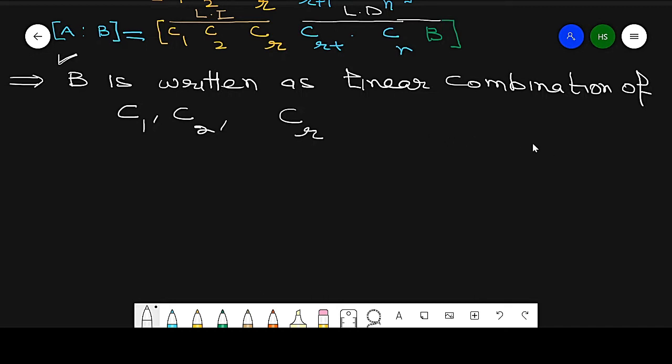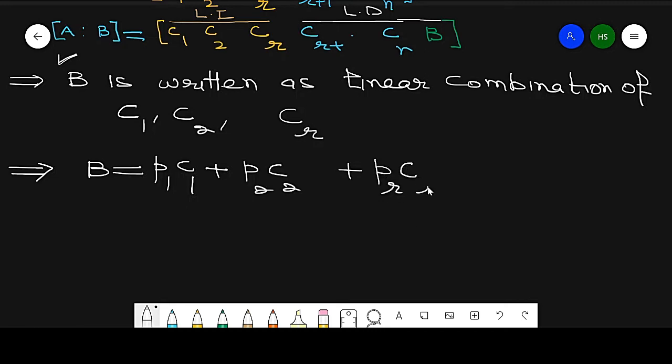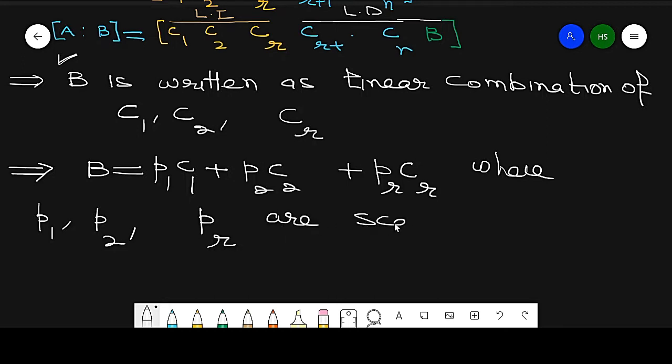If this can be written as a linear combination of these vectors, it implies there exist some numbers, so B is equal to P1 C1 plus P2 C2 and so on plus PR CR, where these Pi are scalars, where P1, P2, up to PR are scalars.